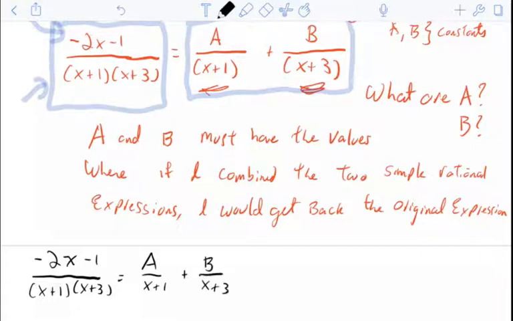To reiterate, I want to figure out what the values of A and B are so that when I combine these two expressions, you get back that expression. That's the overall idea, because I want the rational to be the same. Okay, so how do I figure them out?